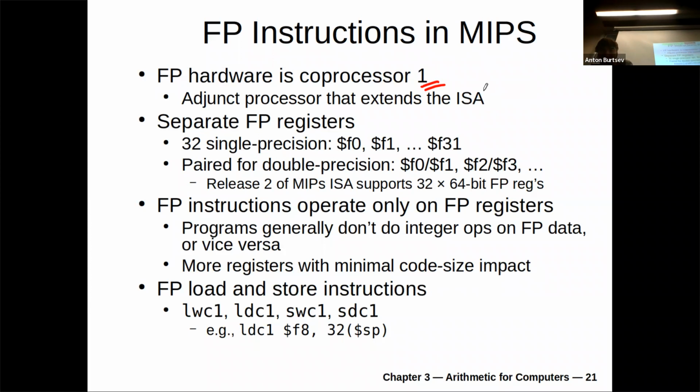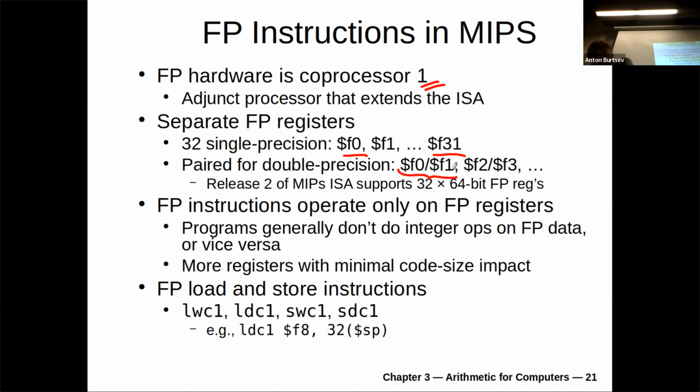And that's why it changed the instruction set a little bit. First of all, the operations were performed by that other unit, which was providing 32 single precision floating point registers, starting from F0 going to F31. If you would like to represent double precision numbers, those registers were paired.